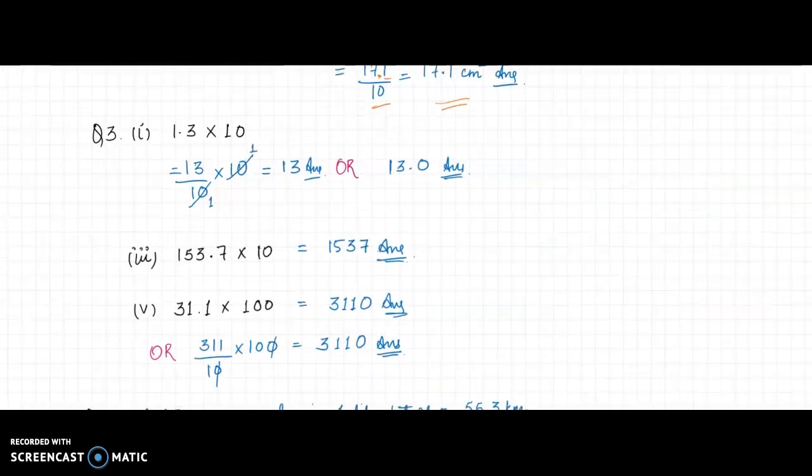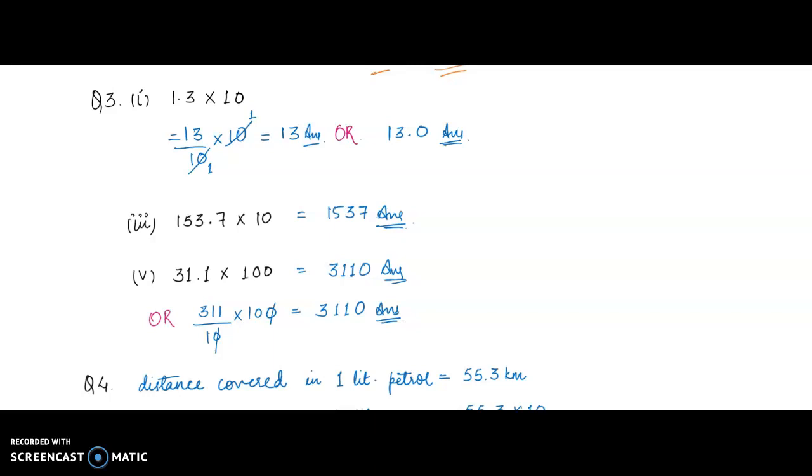Question number 3. Again we need to find products in the form of multiples of 10, like 1.3 multiplied by 10, 3.7 multiplied by 10, or the fifth part, 31.1 multiplied by 100.